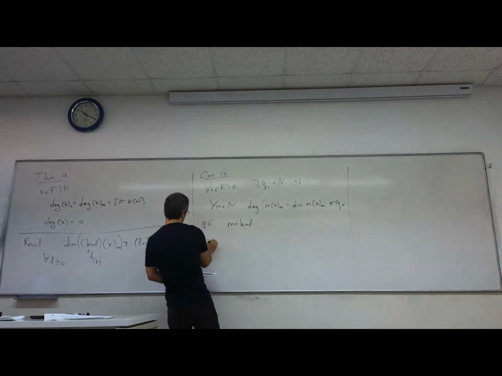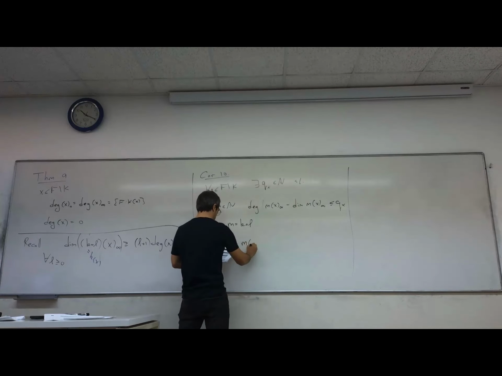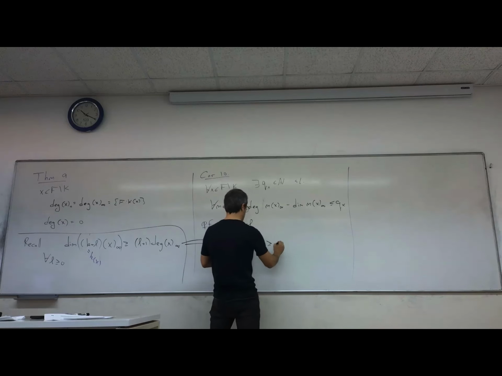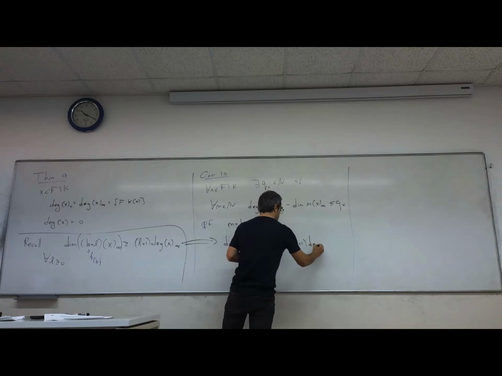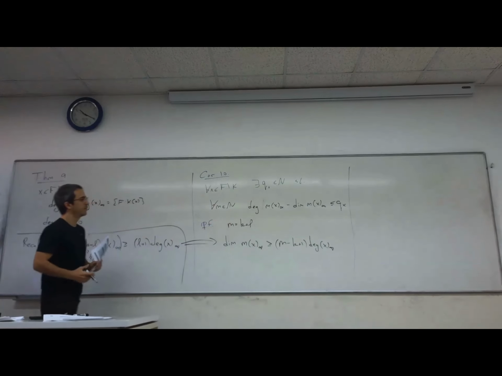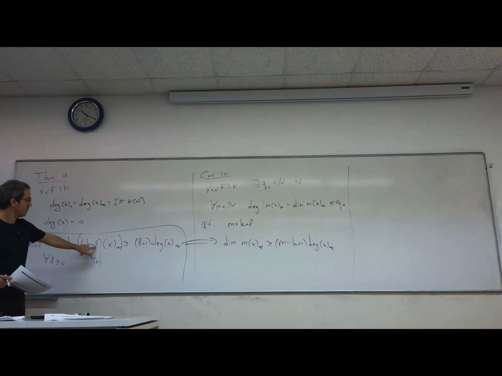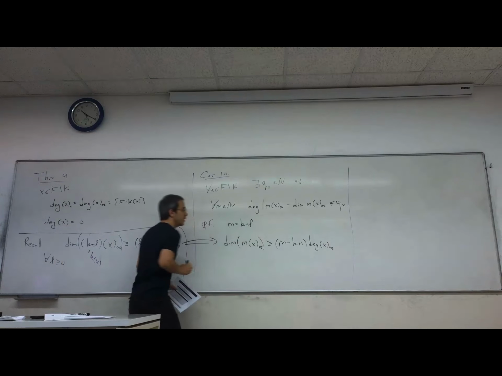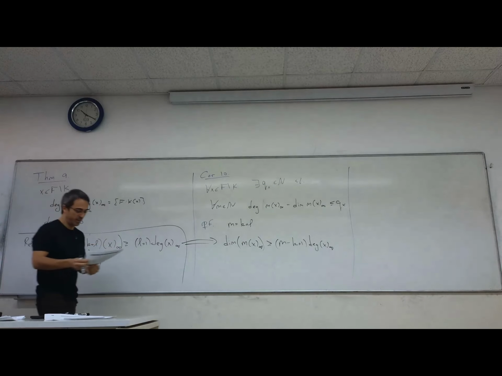So from here, you get the dimension of the Riemann-Roch space is at least m minus k plus 1 times the degree of this pole divisor. I just stare at it for a second. It's fine. This is the dimension of m times x infinity, and l plus 1 is just m minus k plus 1. I just copied it.